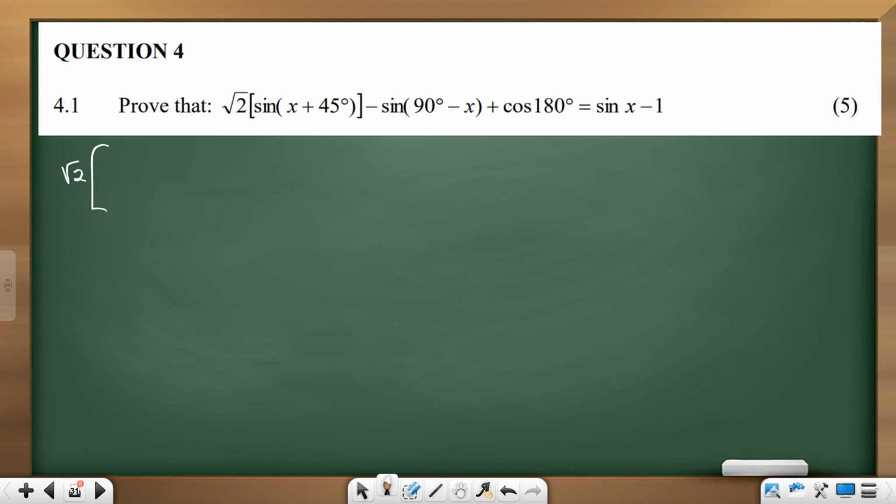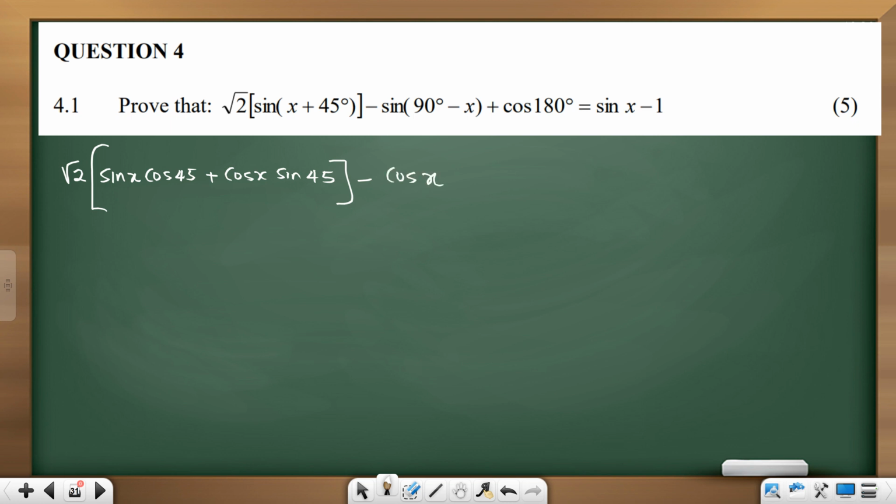So let's be careful when we expand this. So what do we have? Sine x cos what? 45 plus cos x sine 45. Okay, beautiful. Minus, what is sine 90 minus x? Cos x. Do we agree? That we should know by now.